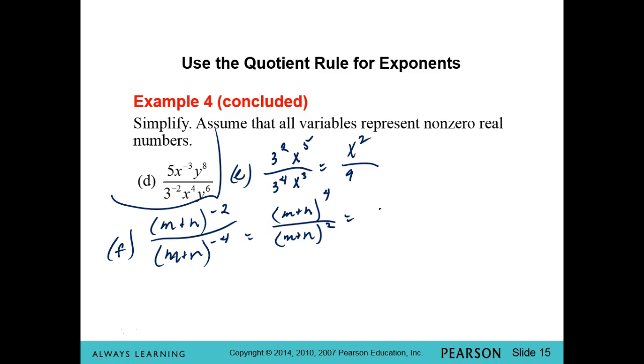Okay, great. Thank you. Sorry to interrupt. No problem. All right, and as you said, here's the same base, m plus n. Subtract the exponents. 4 minus 2 is 2. And I really like it. You chose a way that you saw what was going on. You could have done the same thing right here and done a minus 2 minus a minus 4.